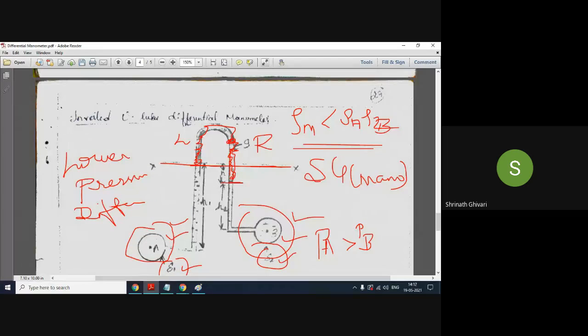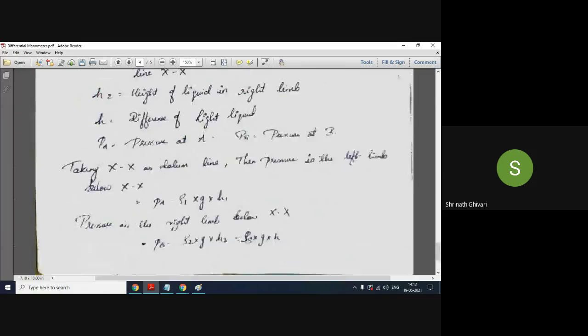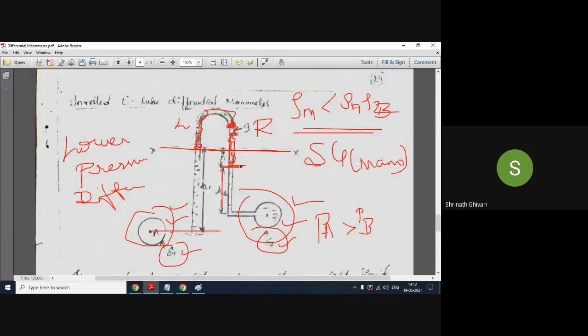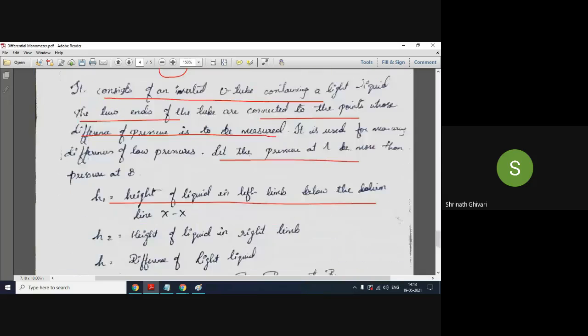And as we took the difference of mercury levels earlier, here we have H, the difference of the light liquid levels. Remember this: H1 is from here, H2 is from here, and H is the difference of the lighter liquid levels.